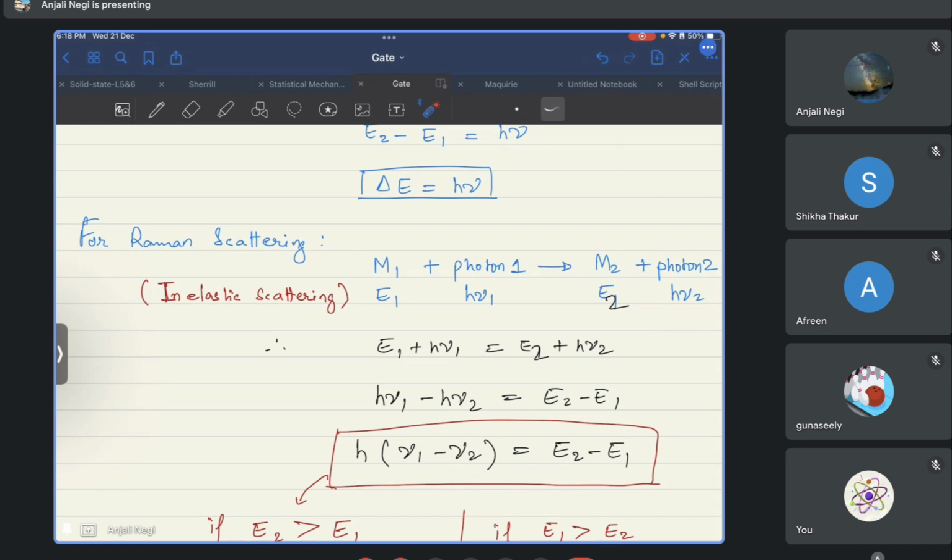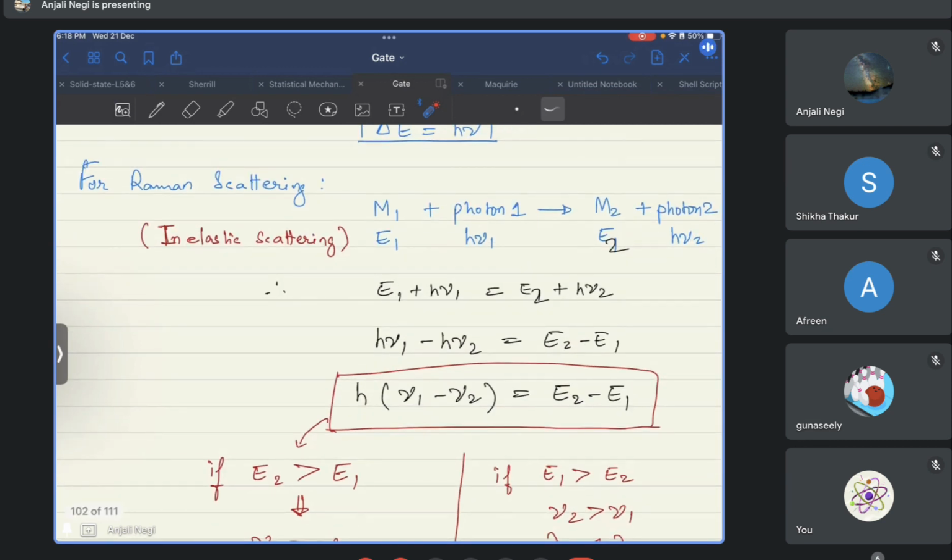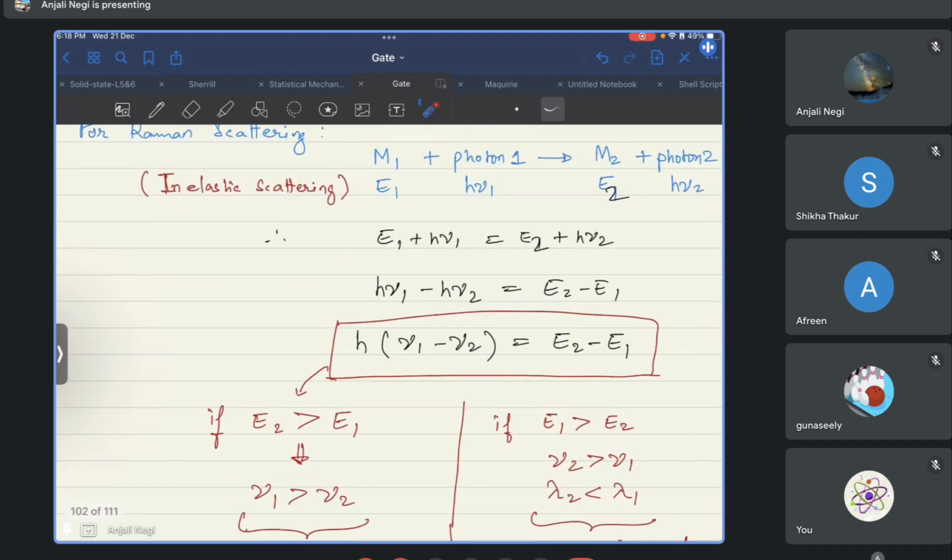Here again, applying energy conservation, E1 plus h mu 1 is equal to E2 plus h mu 2. Taking h, Planck's constant, as common, we have mu 1 minus mu 2 is equal to E2 minus E1.